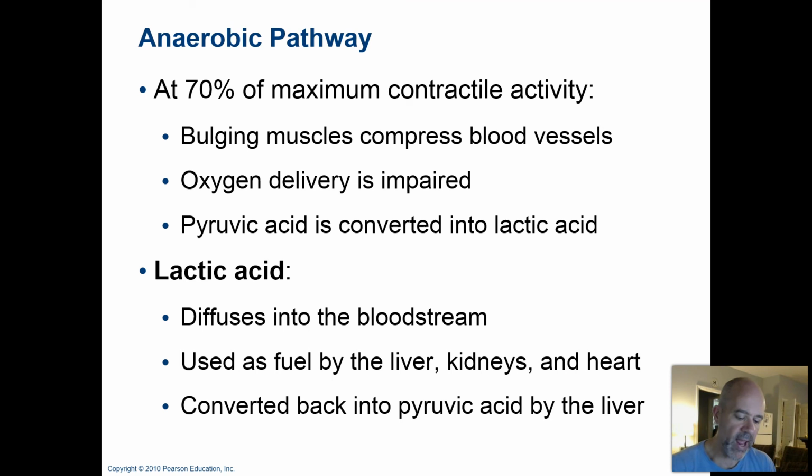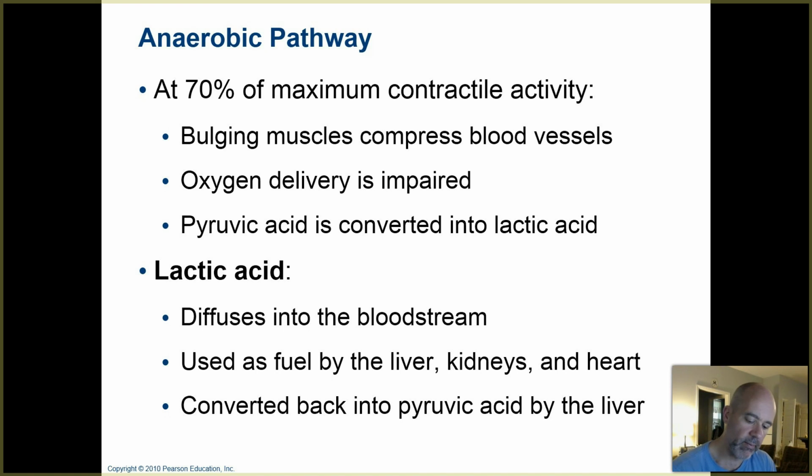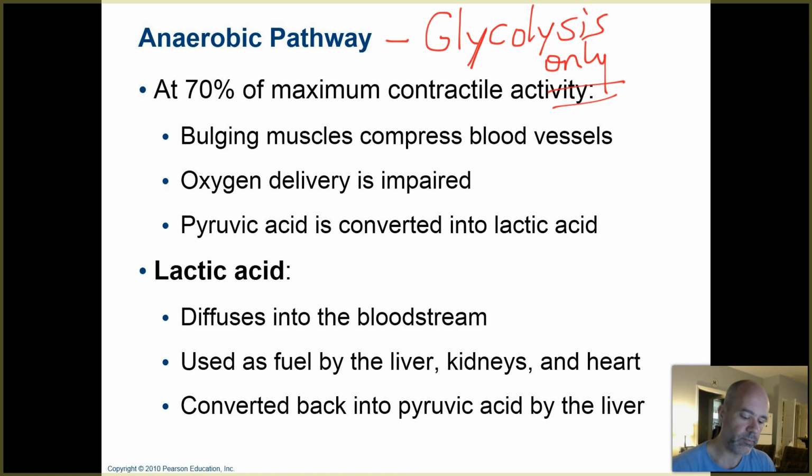All right, so what about the anaerobic pathway? What if you're doing glycolysis only? So you don't do the events in the mitochondria. When you are at about 70% of maximum contraction force in a skeletal muscle, your muscles are bulging. As you guys know, they get bigger. They squeeze on your blood vessels.